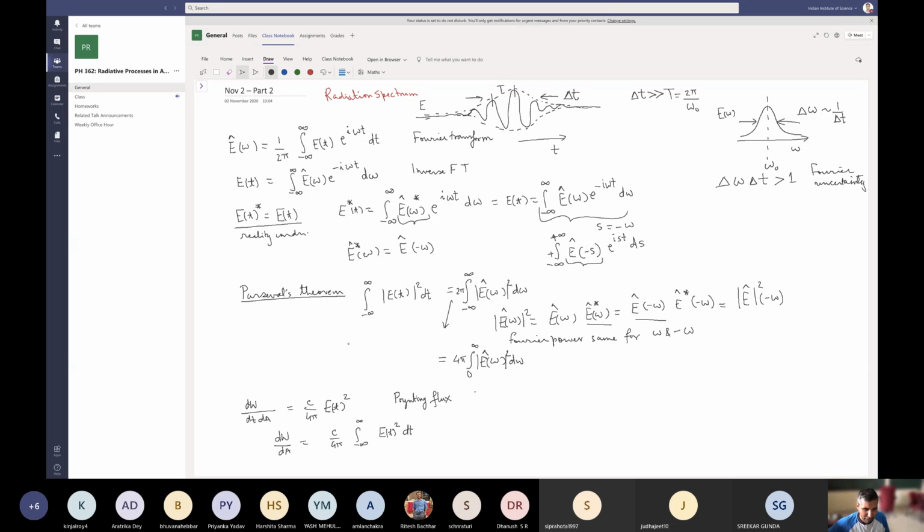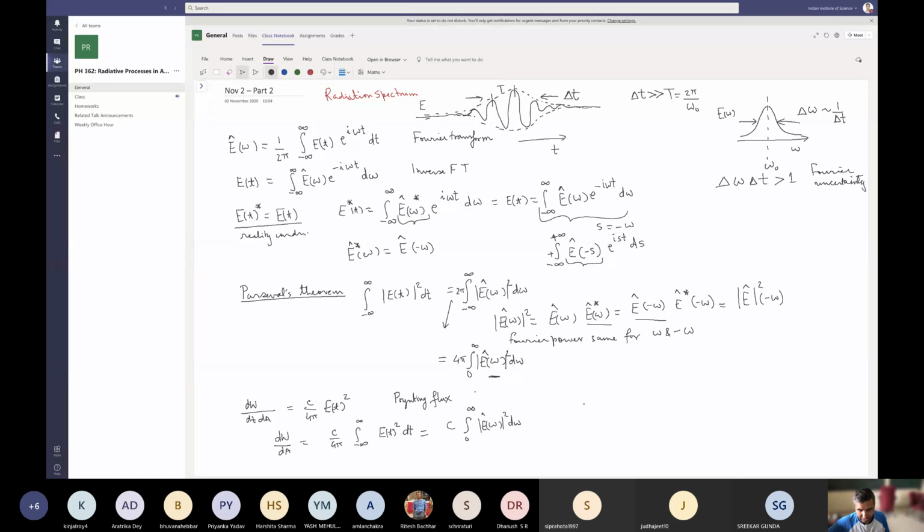But from Parseval's theorem, we can write this in terms of the Fourier space energy. So that's nothing but from here, right? We can write this as c times the integral from 0 to infinity of E hat omega whole squared d omega. This is the energy crossing per unit area.